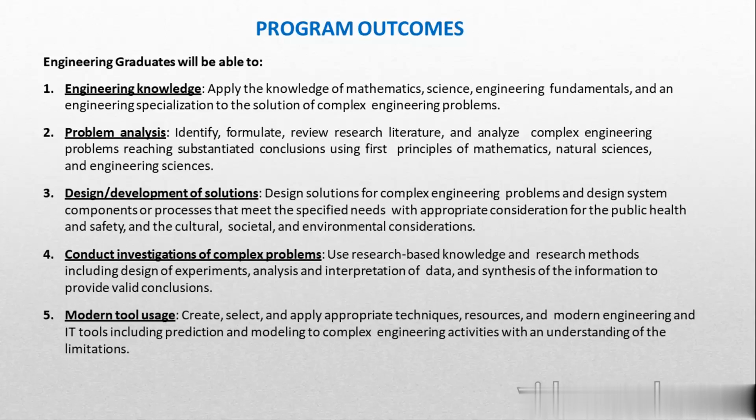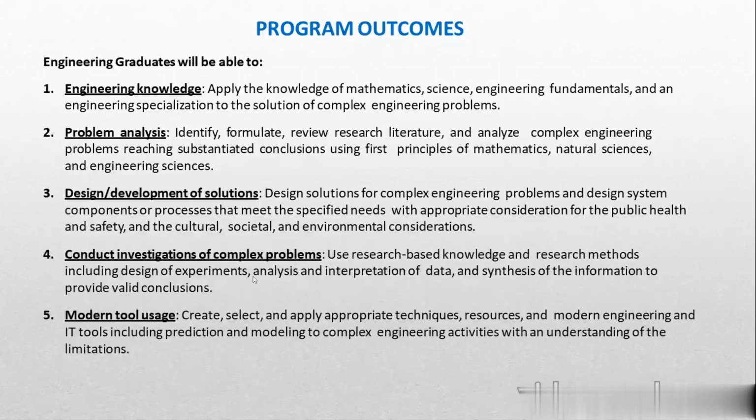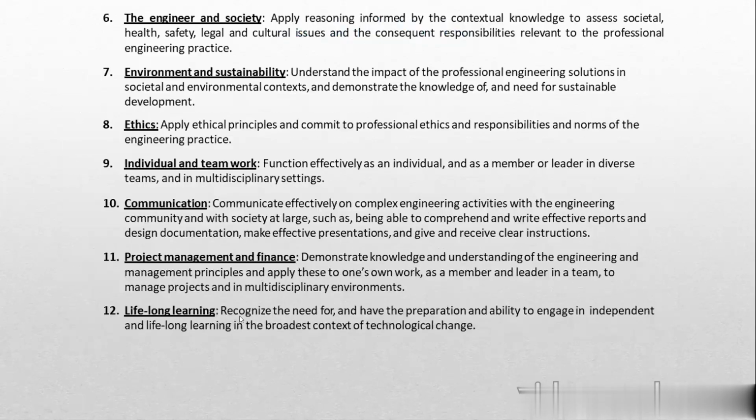A student joining our college should not only have subject knowledge in the domain, but all these 12 parameters, including communication skills, ethics, consciousness towards the environment and its sustainability, and modern tool usage and so on.